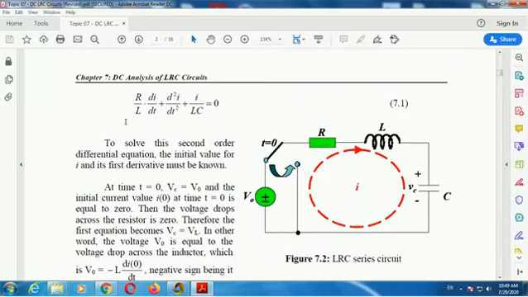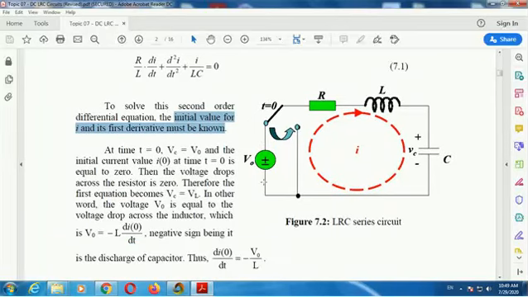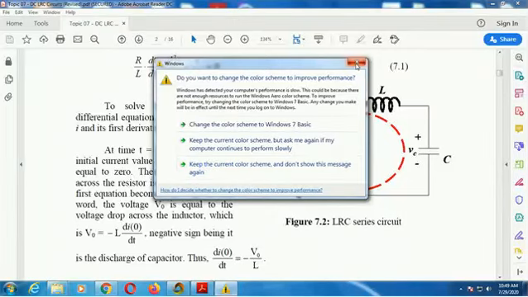In order to solve this circuit, we need to know the initial value of I and its first derivative. The initial value I0 at time 0 is 0.